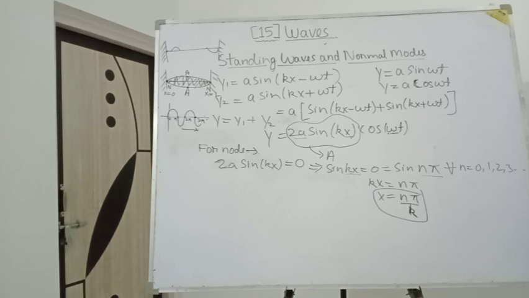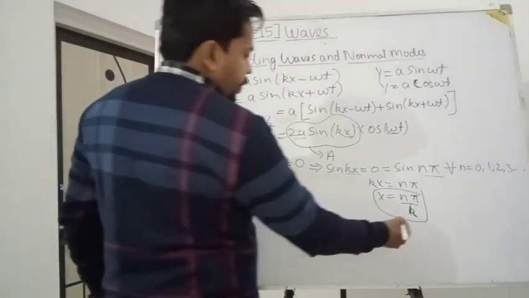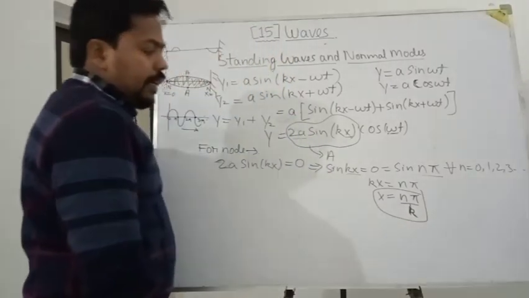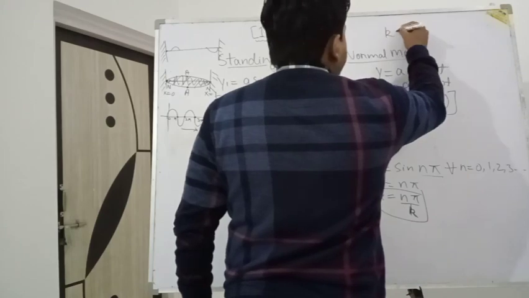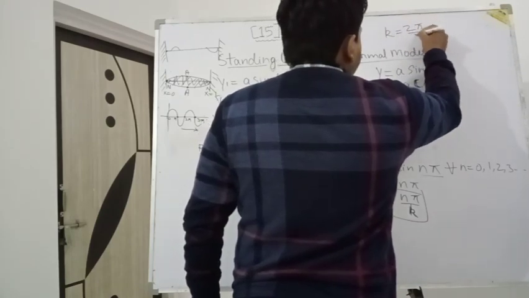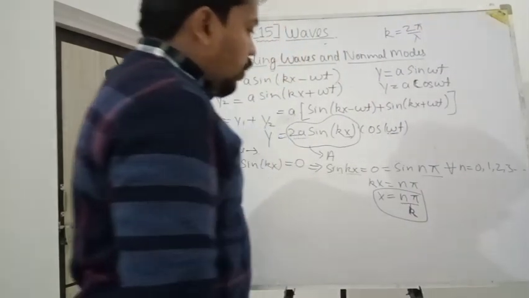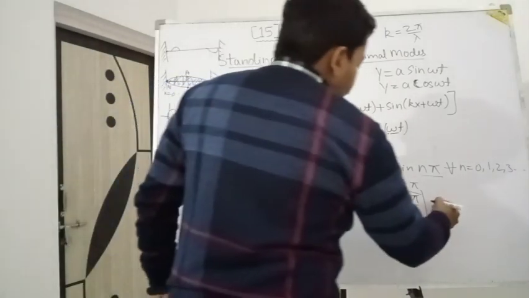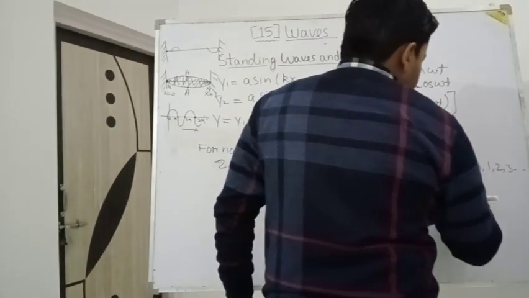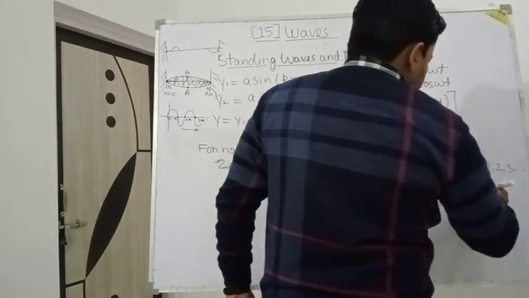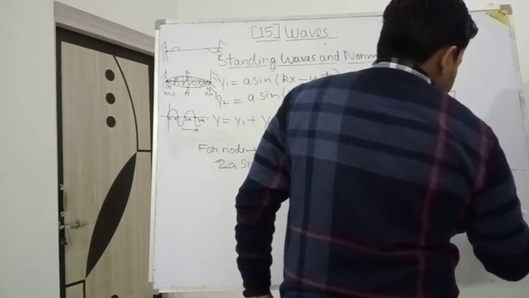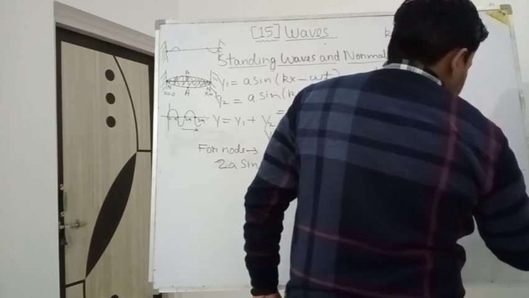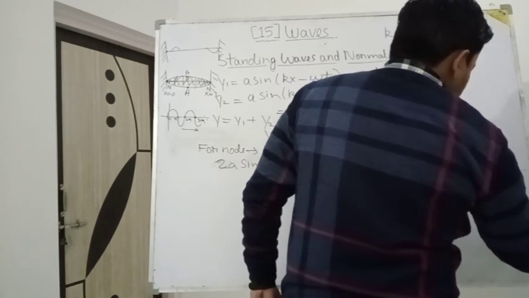Similarly, here we can place the value of k, that is the propagation constant, and I told you that k is also written as 2 pi upon lambda. So in a more simplified form, the position of the node is n pi divided by 2 pi upon lambda, which is n into lambda upon 2.